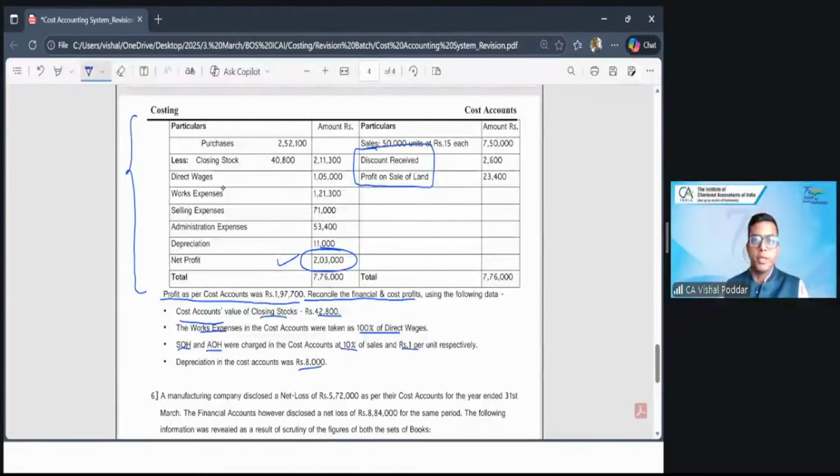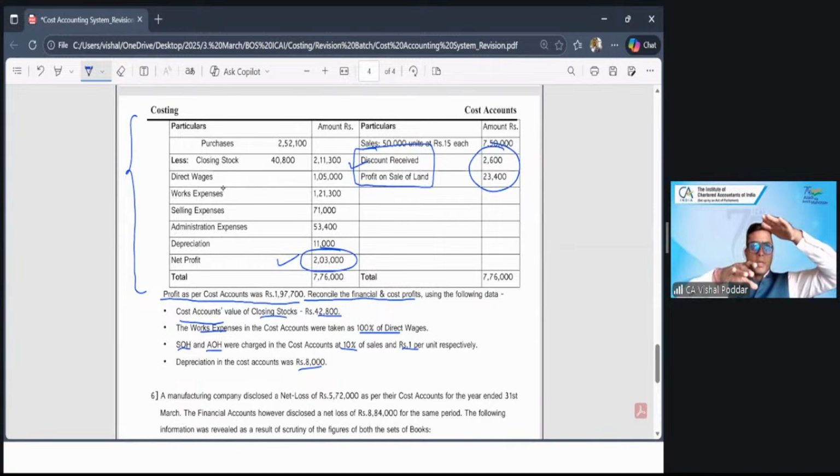First, these are the financial incomes which do not appear in cost accounting books. Both are financial incomes, which means both are credited to your profit and loss account. Because of both these items, the net profit as per financial books would be higher as compared to costing, correct? So these are financial incomes appearing only in financial books, and the impact is that financial profit is higher.